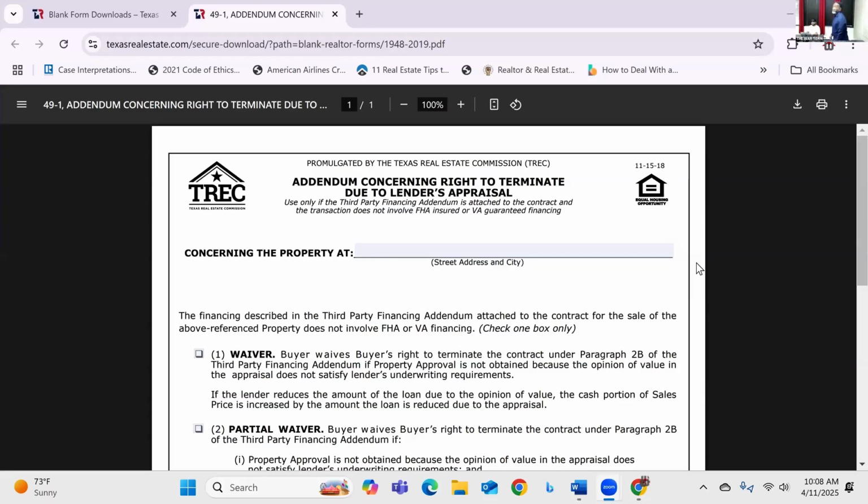All right. So today we're going to talk about this form. The form is the addendum concerning the right to terminate due to lender's appraisal. For the folks that were not here during COVID, this form was widely used.